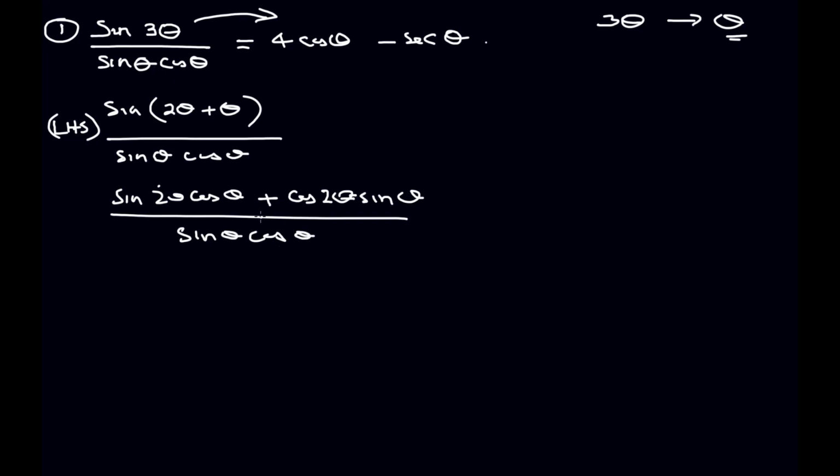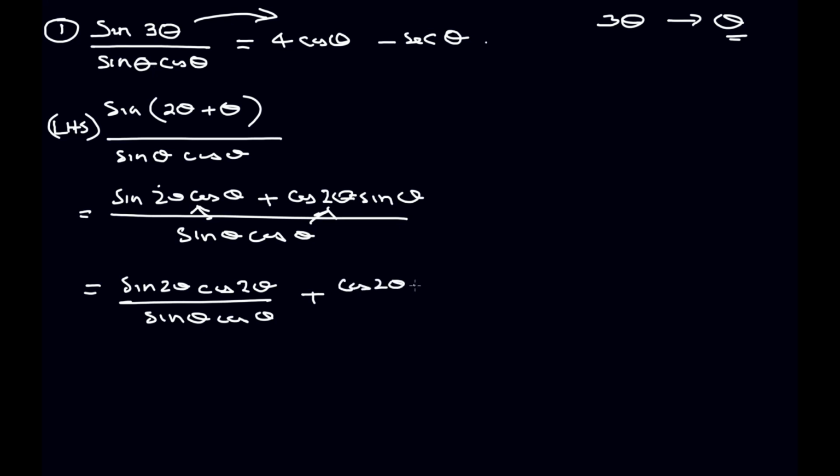When it comes to these ones, I think it's better to simplify as soon as you have a chance. Here I can already see that I can simplify by dividing both terms by my denominator. So I go ahead and say sine 2 theta cos theta over sine theta cos theta, then I maintain my plus operator, then cos 2 theta sine theta over sine theta cos theta.